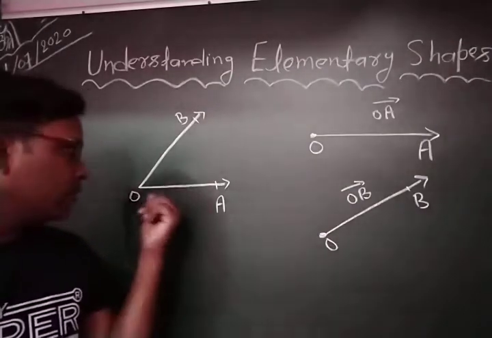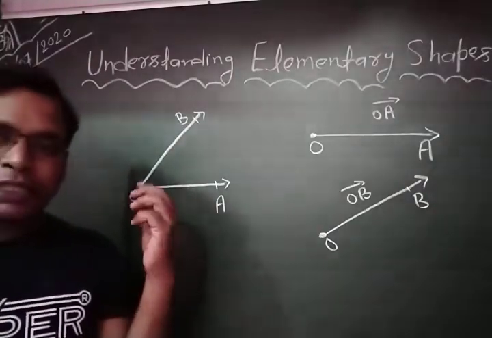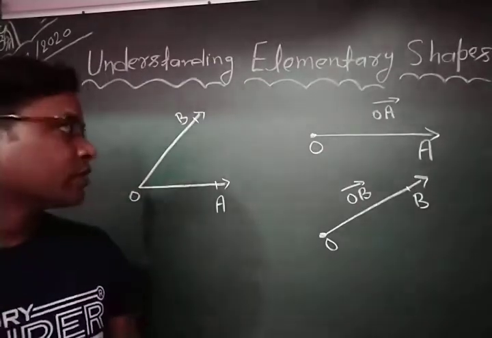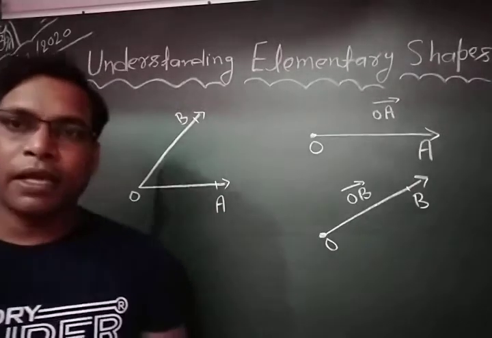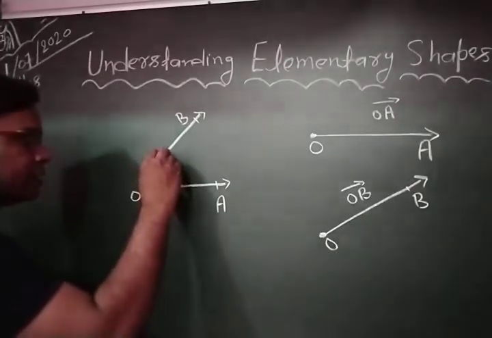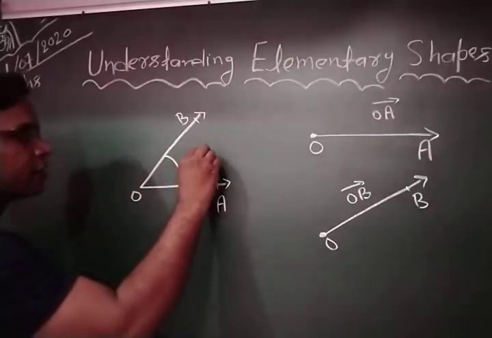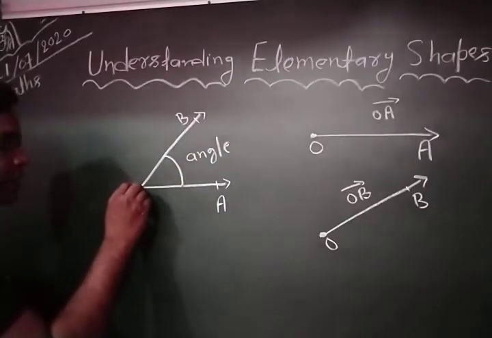What is the common point? O. This O is the common point. This common point is called the vertex of the angle, and the two rays are called arms or sides of the angle. This is the angle. This is the common point. This is called the vertex of the angle.